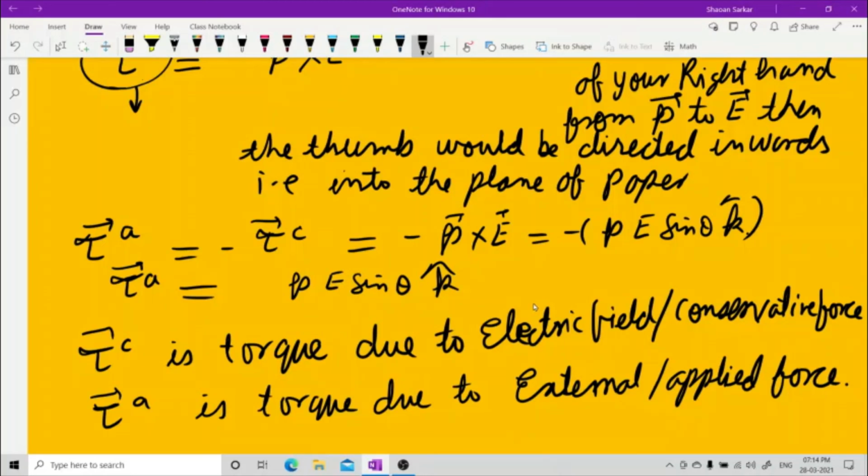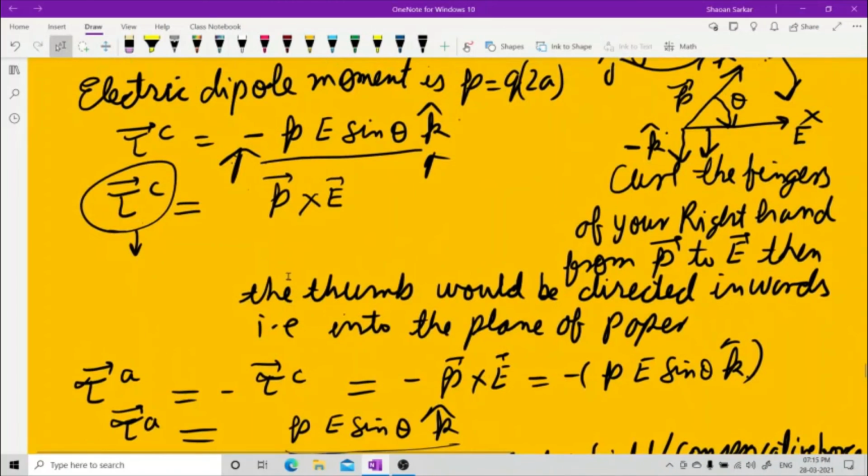What you are trying to do: the applied torque is this. Now you will ask me, which is the right expression? See, you have seen in books, it is written torque is equal to P cross E. That is the conservative torque due to the dipole. But now let me make things very clear to you.